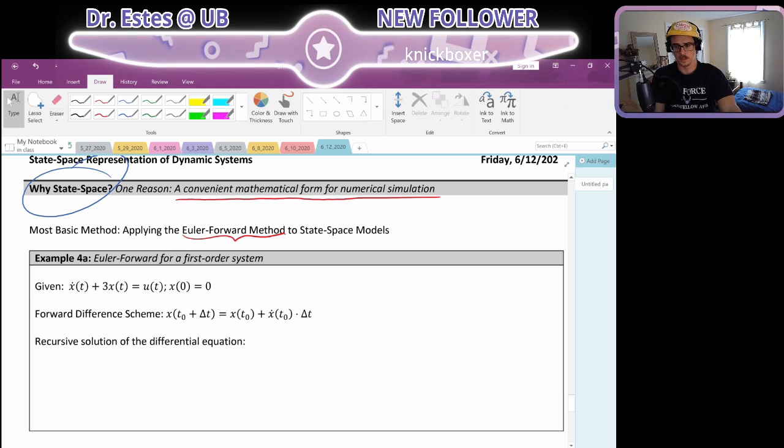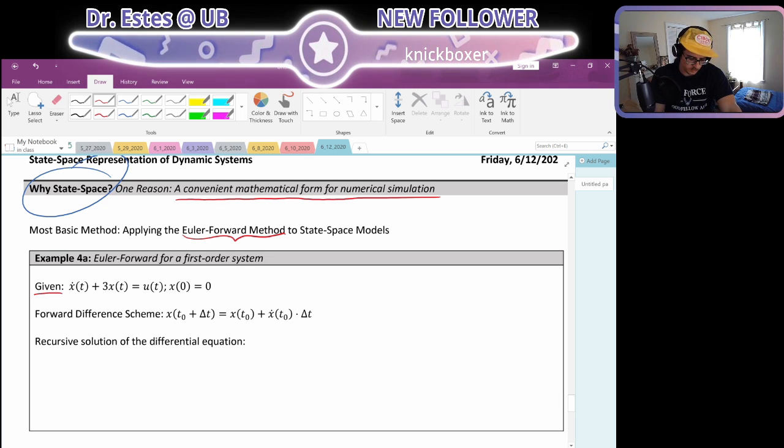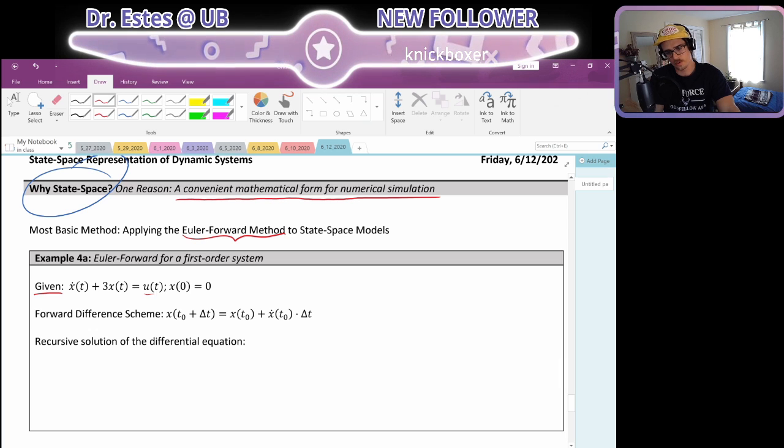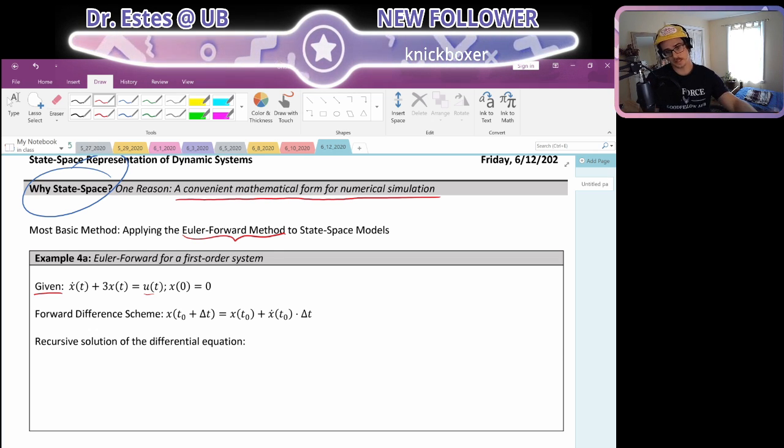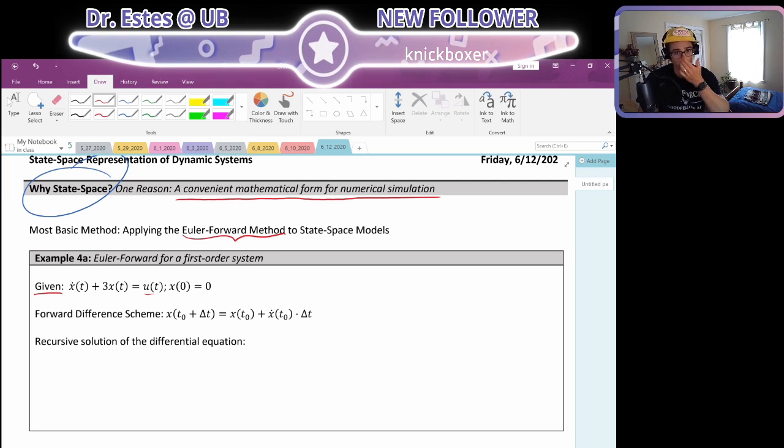So look at this. We have x dot plus 3x equals u of t. And u of t, once again, is a placeholder for any type of external forcing. It could be a step input, a ramp input, a sinusoid, or just a random signal.